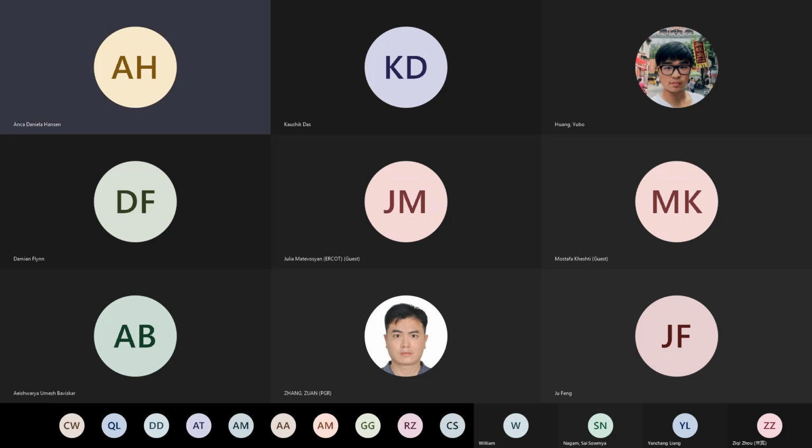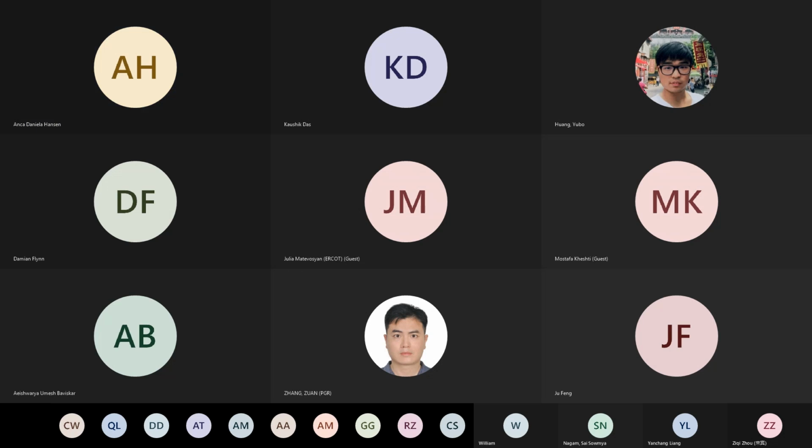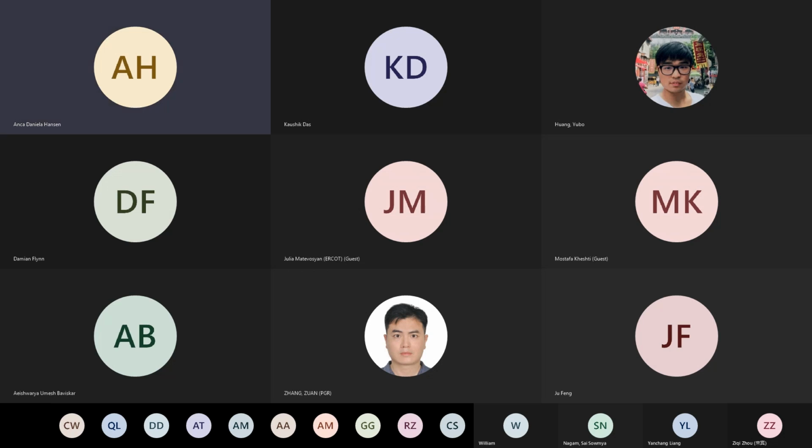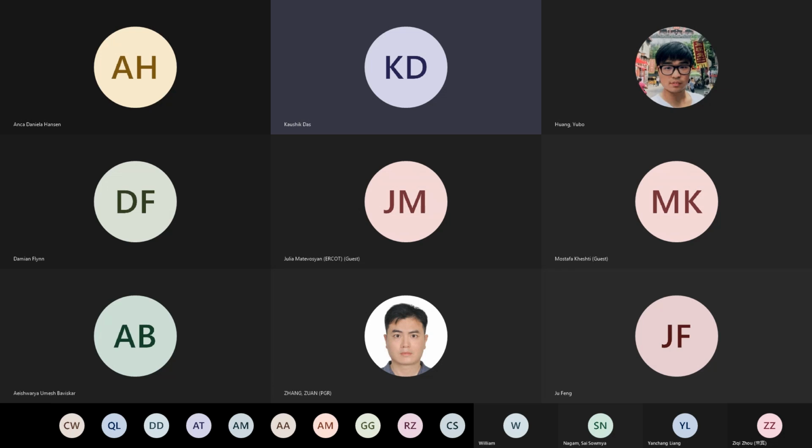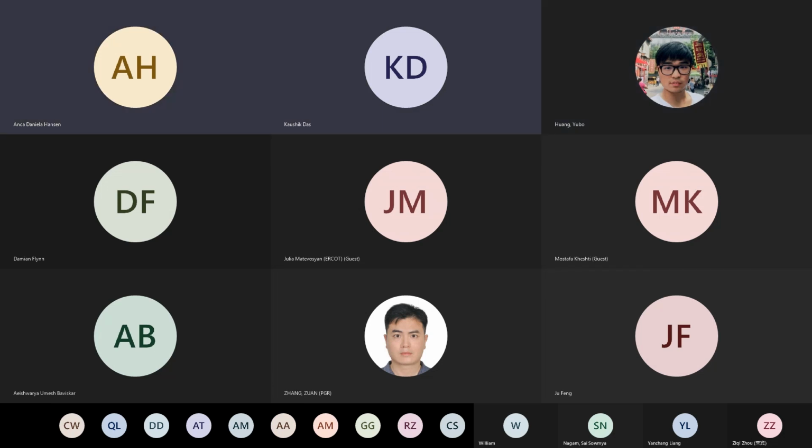Yeah, the computer is tired. No, but it cannot be that both our computers are tired. Do you see anything now? No. I'm trying to share my screen.